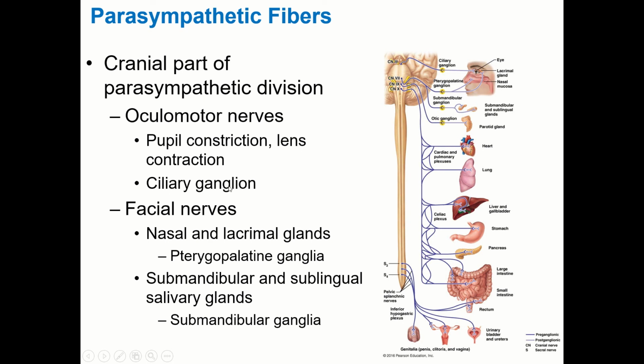So on this first slide, I have the names of the ganglion. I don't want you to know those, but I do want you to be familiar with the autonomic function of the cranial nerves. So for example, the oculomotor nerve on the parasympathetic side is going to cause pupil constriction, so it's going to cause your pupil to close down, because again, we're at rest, so we probably don't need a whole lot of light coming inside the eye.